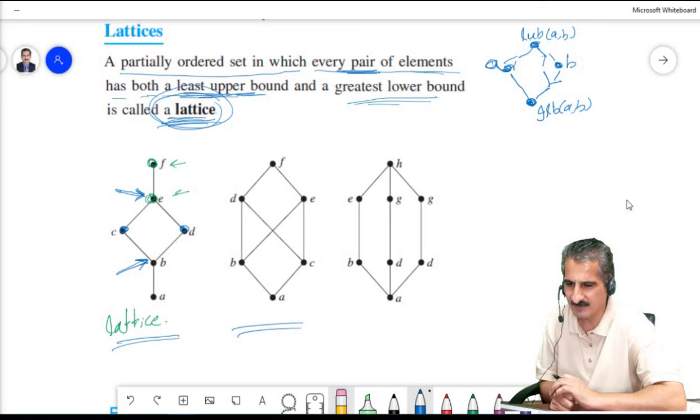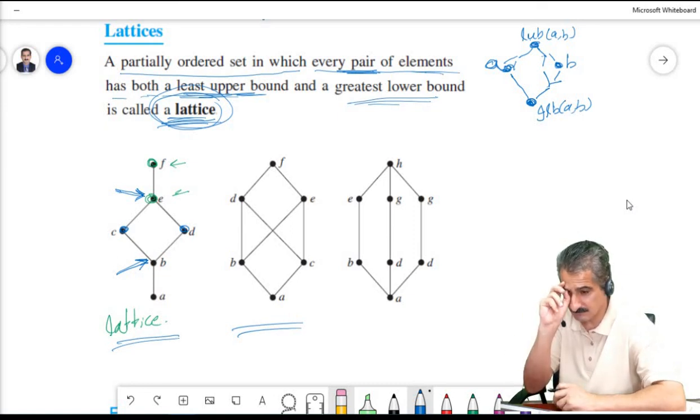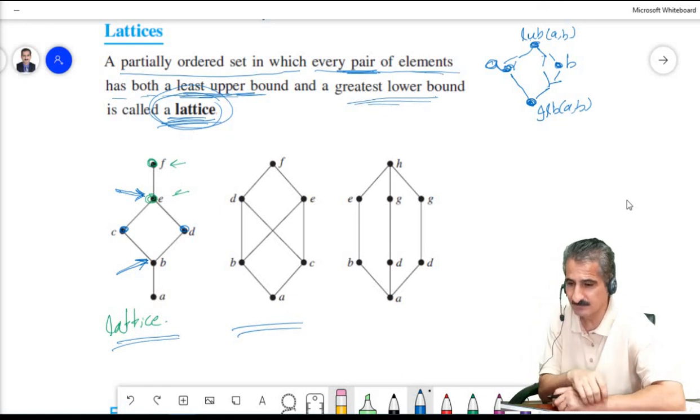Can we find one? It looks to me it is a lattice. No, it is not a lattice. What do you think? Not a lattice. Shams, why? Give me a pair of elements.